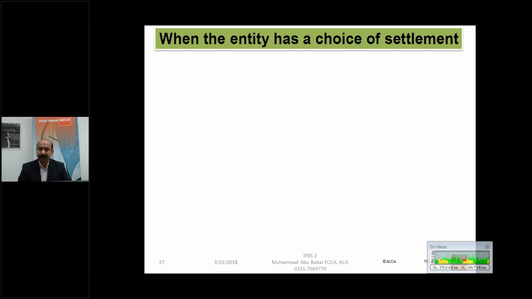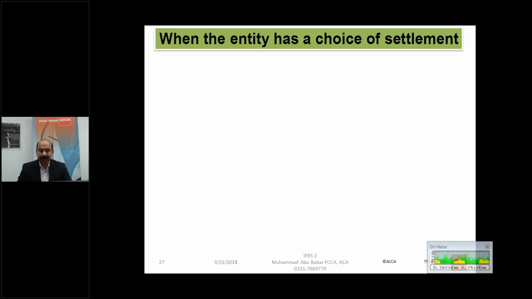The answer is, if the company has a present obligation to settle in cash, then this will be treated as a cash settled share-based payment. No hybrid treatment. Or if a present obligation is not there, then this will be treated as an equity settled share-based payment. Means single treatment, no hybrid treatment.